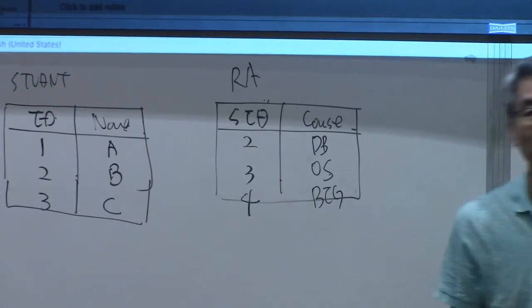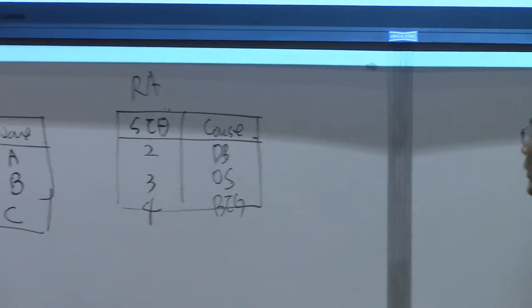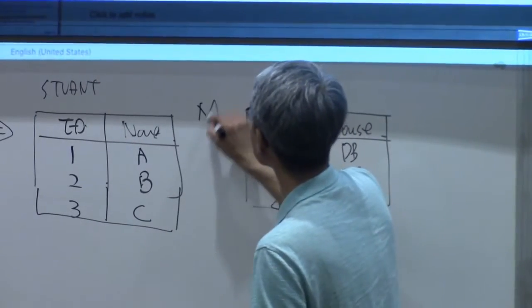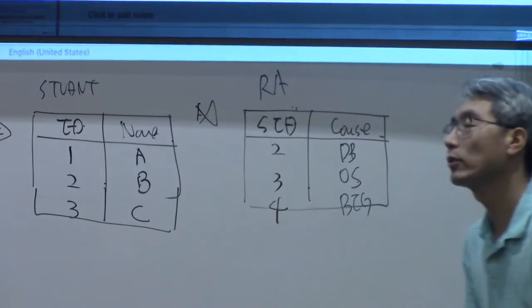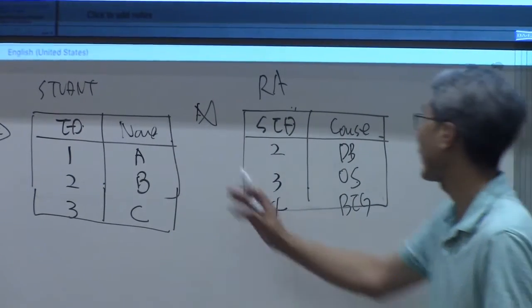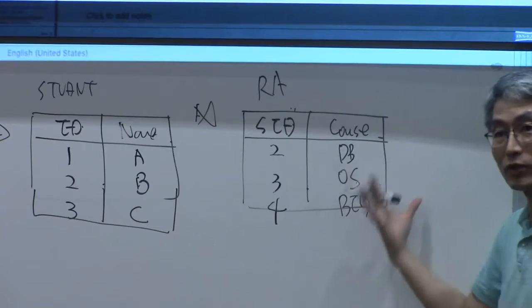Okay. So we have the two relations. We'd like to join the two tables to retrieve the student name with the course information.